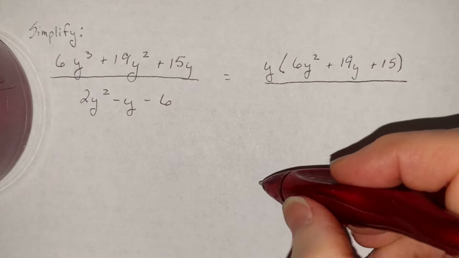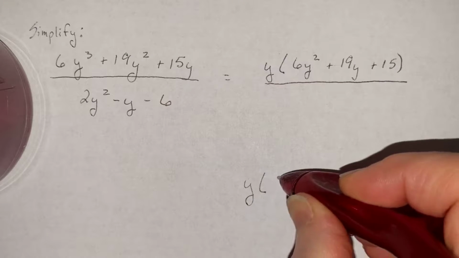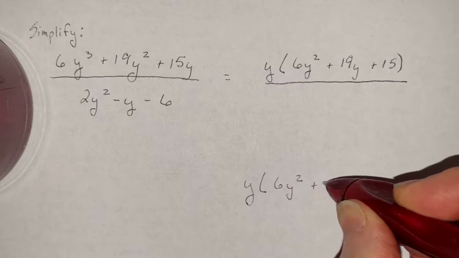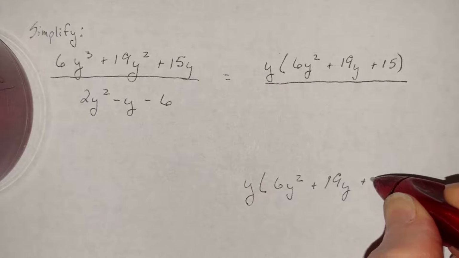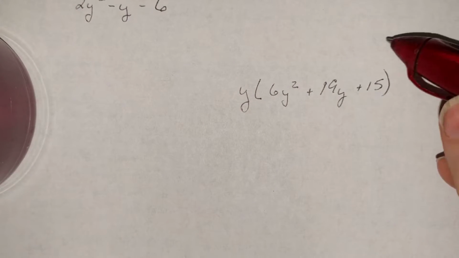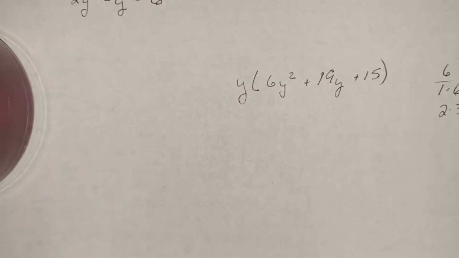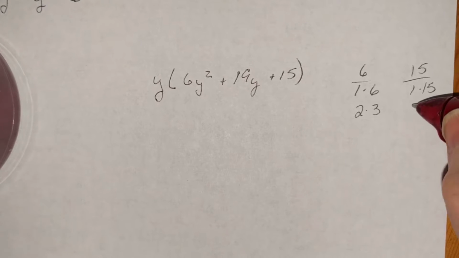And I'm going to rewrite my numerator down here. 6y squared plus 19y plus 15. So 6 factors into pairs 1 and 6 and 2 and 3. 15 factors into 1 and 15 and 3 and 5.